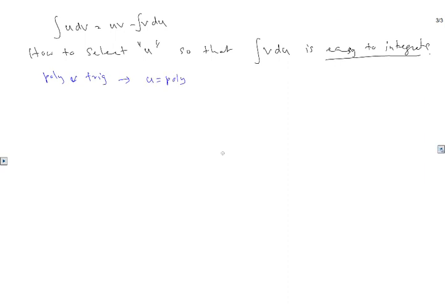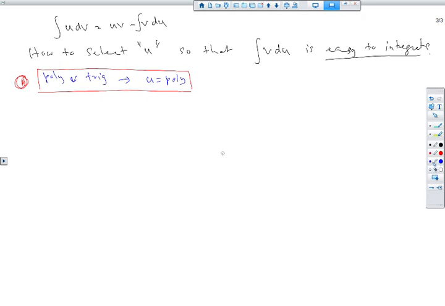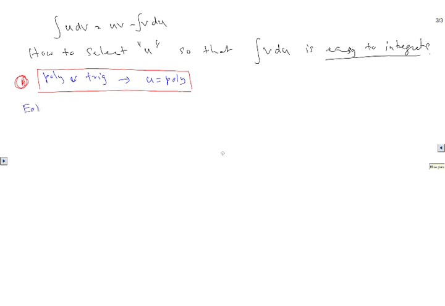That's the first trick. When you have polynomials and trig functions, pick the polynomial as u. So let's do one example like that. The example: let's integrate x sine x dx.